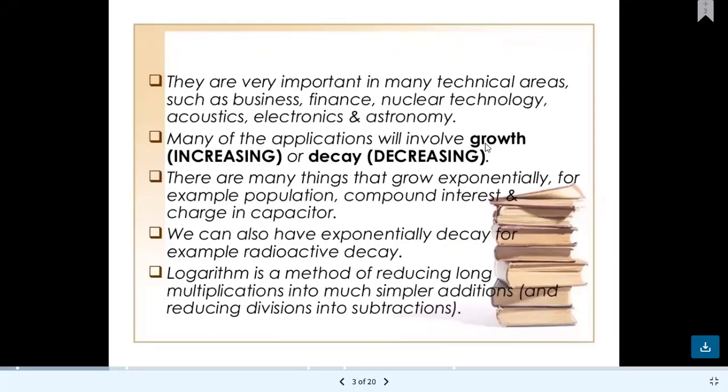Okay, so they are very important in many technical areas such as business, finance, nuclear technology, acoustics, electronics, and astronomy. So in terms of finance, kailan kaya natin siya nagagamit, yung exponents? So akala natin, di ba, plus minus division lang. Gagamit pala tayo ng exponent sa business and finance, especially sa finance.